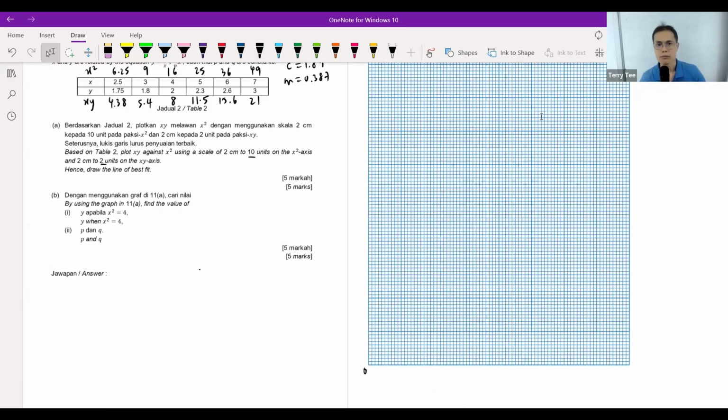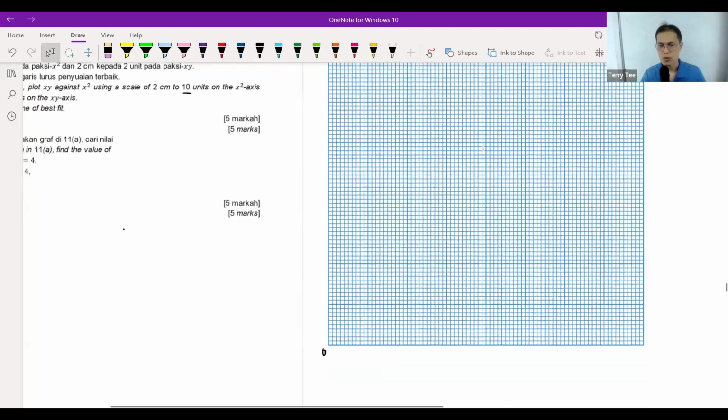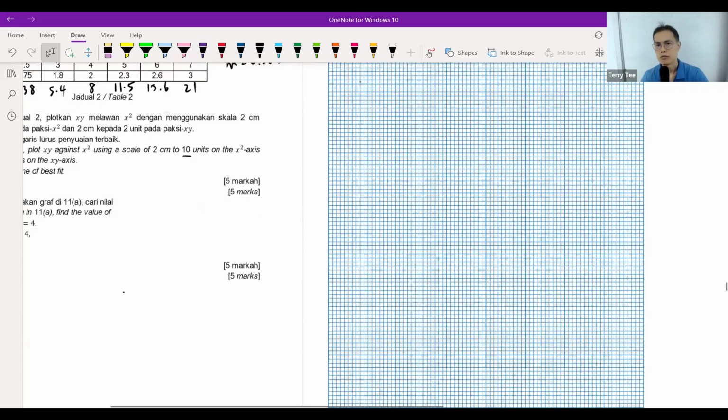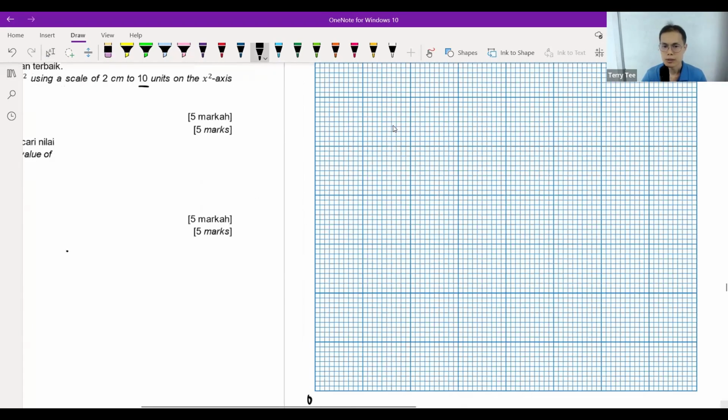So it's a very small graph. Okay, let me just zoom in a bit, hard to see. Very small as in narrow, because we only need up to 49, right? So this will be 10, 20, 30, 40, maximum 50. Yeah? We stop here. This is your x squared.